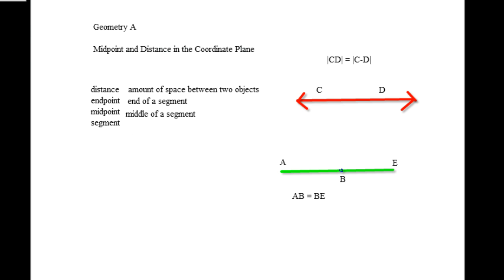Alright, in segment, we've already got that down, so I'm not too worried about that. Okay, so the midpoint, okay, so distance is you just subtract the two on a number line.